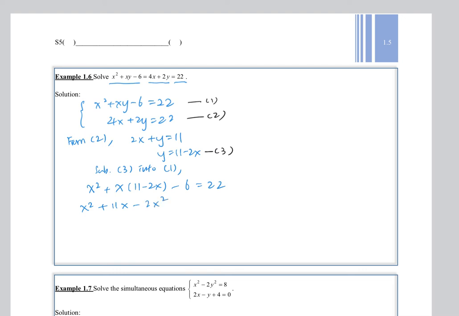So negative 2x squared... Oops, we got a negative value of x squared, which Miss Lam really dislikes. So we divide both sides by negative 1. Wow, and that is really nice, right? 28 equals 7 times 4.